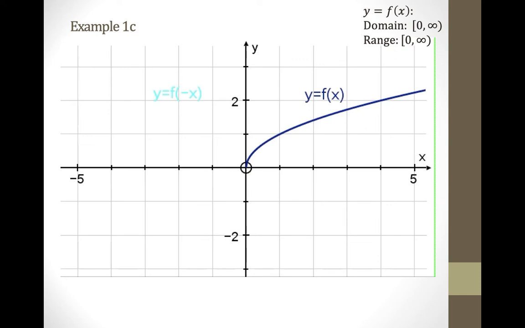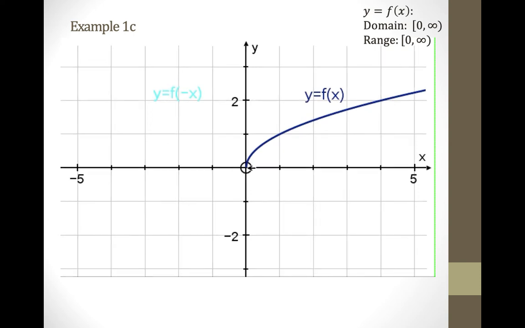For example C, you were asked to graph y equals f of -x. So we are going to reflect this graph through the y-axis. So we will take key points again, but this time reflect them in the y-axis so the x values change.